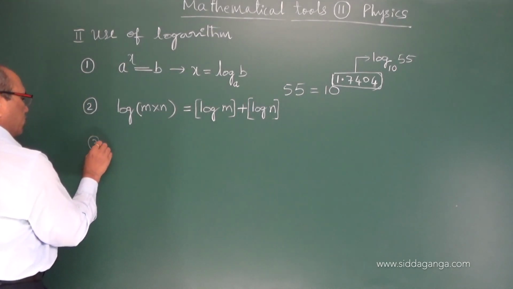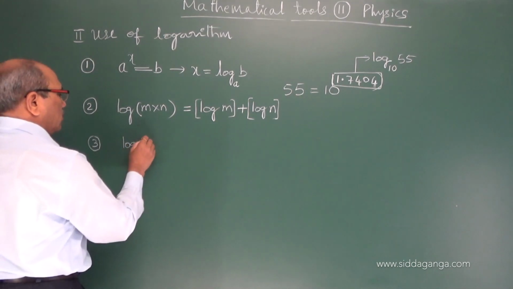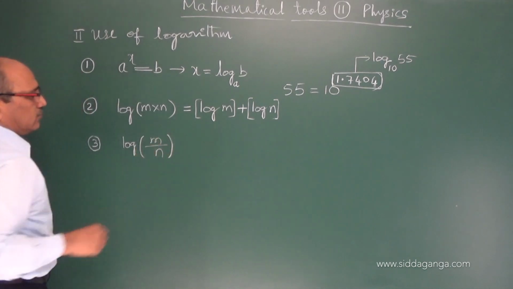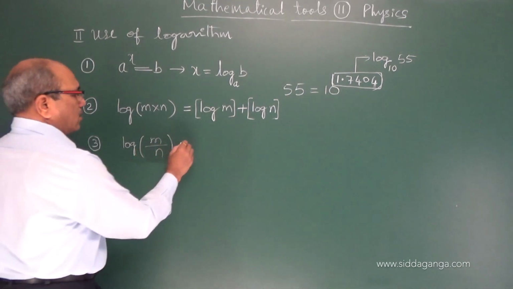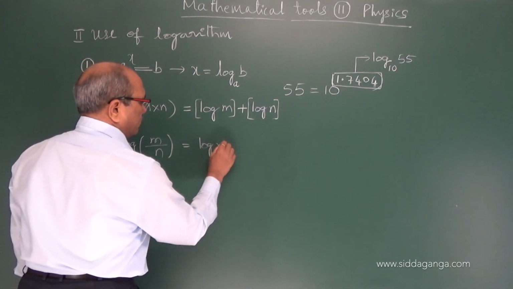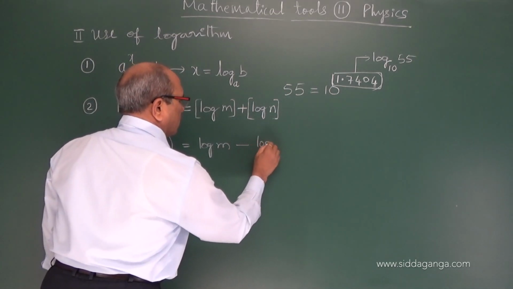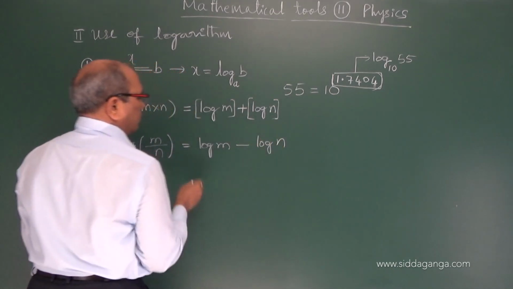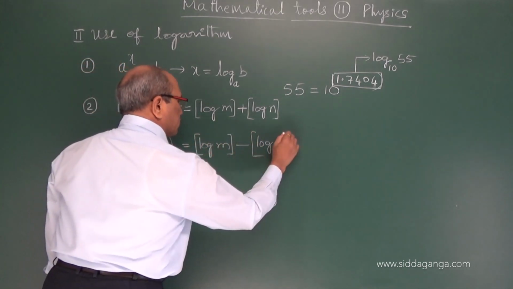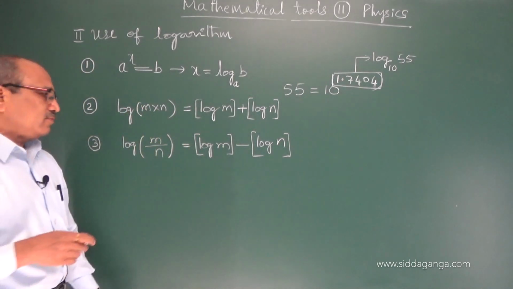Similarly, the third: log of m by n, that is a division, can be written as log of m minus log of n. So division is converted into subtraction, which we took in the last class with some example.